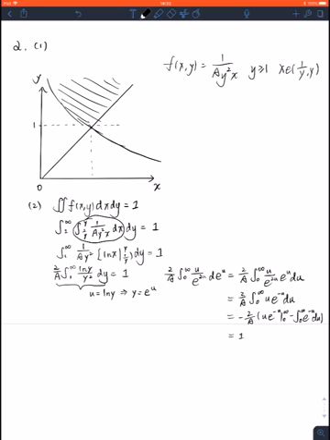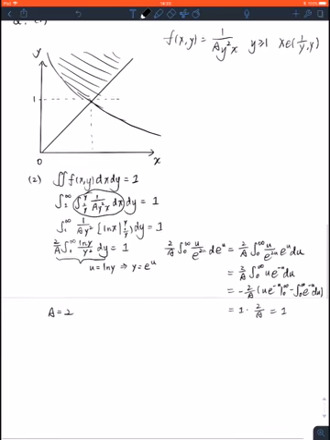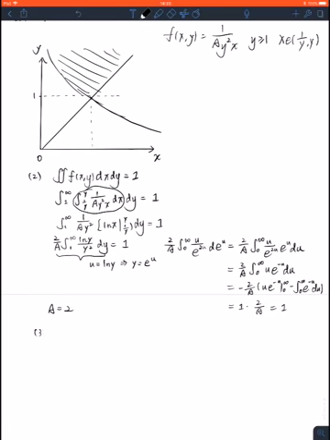So in this case, we know that 1 times 2 divided by a is 1. So in this case, we already know that a equals 2. And that's the answer of question 2.